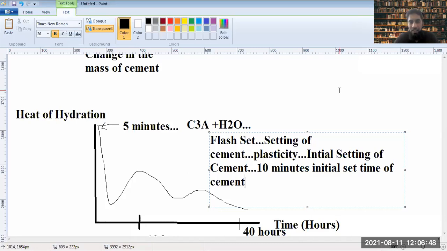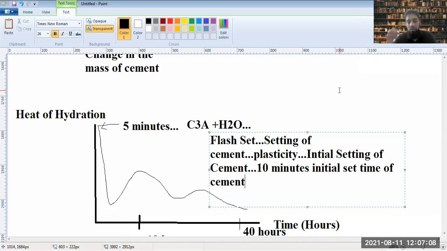So the cement sets within those first 10 minutes, but that's initial setting. There is a test for that, the standard consistency and the setting time test.